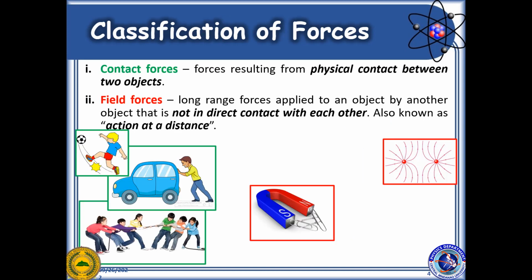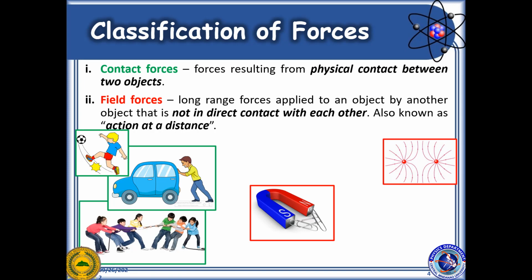Forces can be classified into two. We have contact forces, which result from physical contact between two objects, and field forces, which are action-at-a-distance forces that can act even though there is no direct contact.